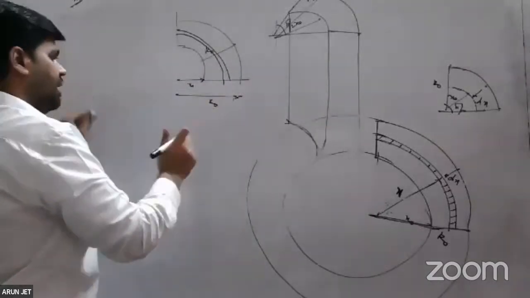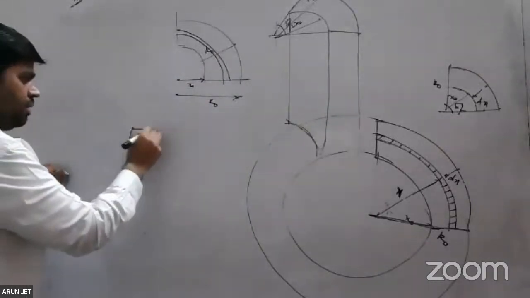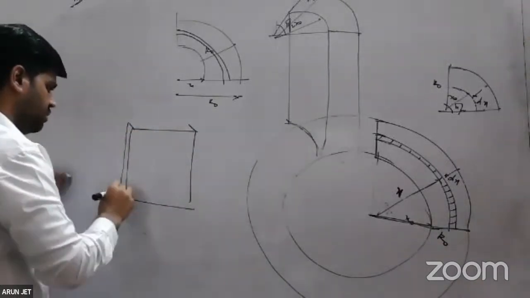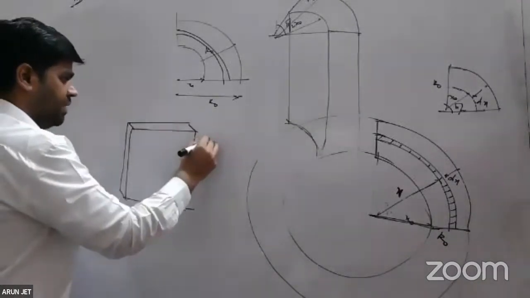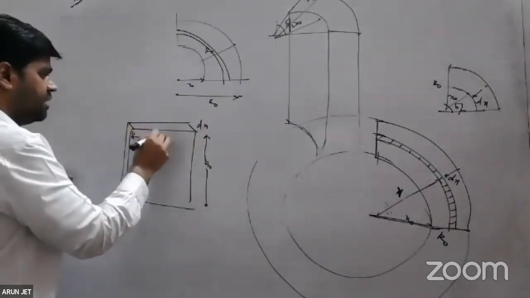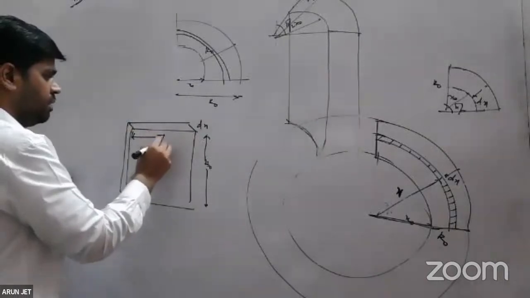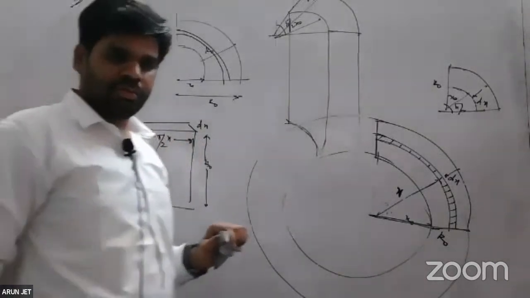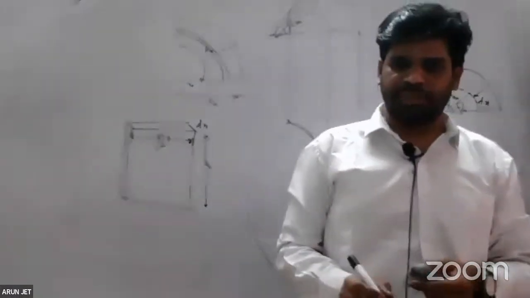If I open it up, I'll get a rectangle again. That rectangle will be of width dx, height h0, and length r0 r theta, pi by 2 into x.